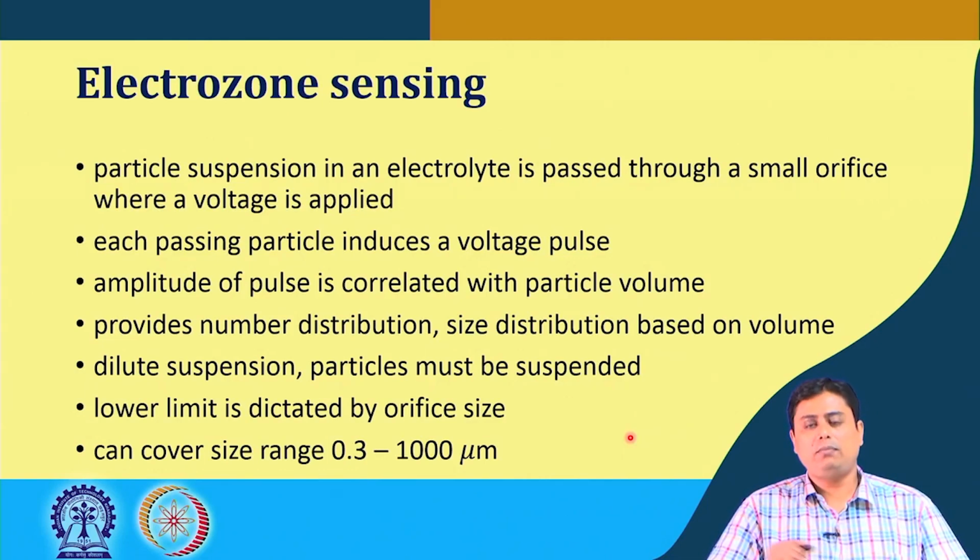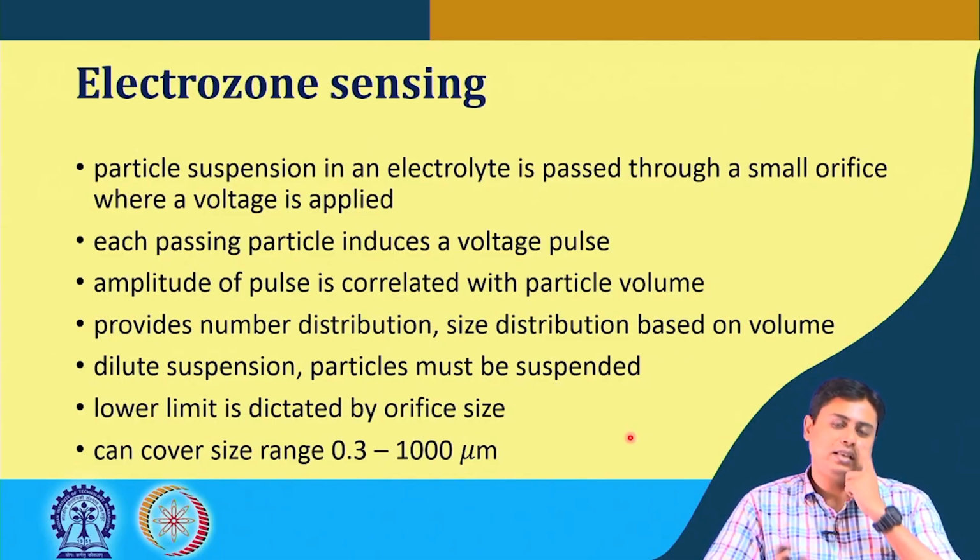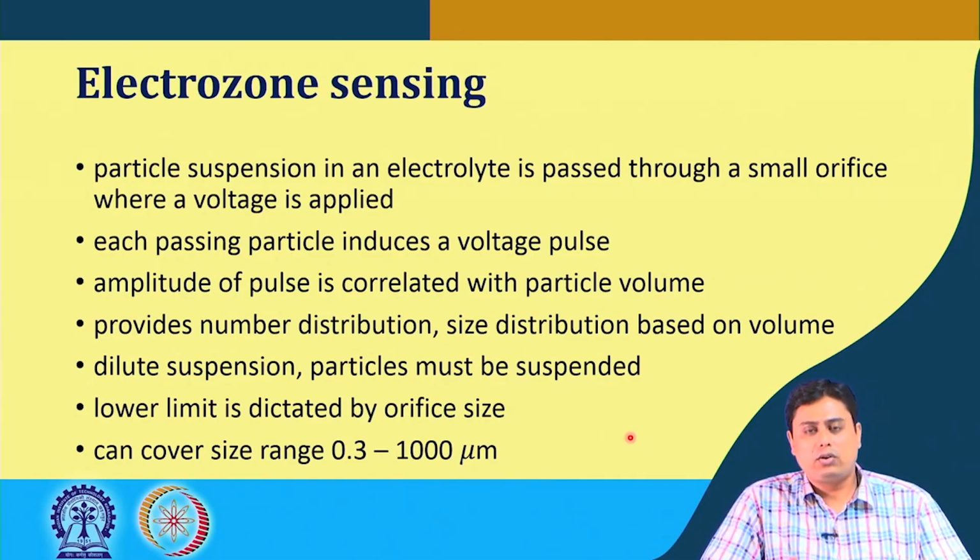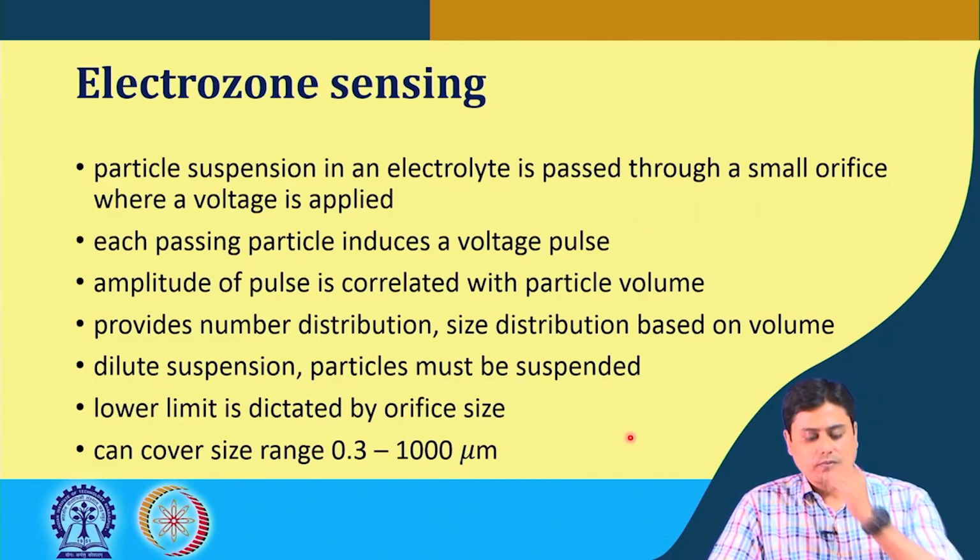So, each passing particle induces a voltage pulse, and the amplitude of this pulse is correlated with the particle volume, which is directly the displaced electrolyte volume, which equals the particle volume.